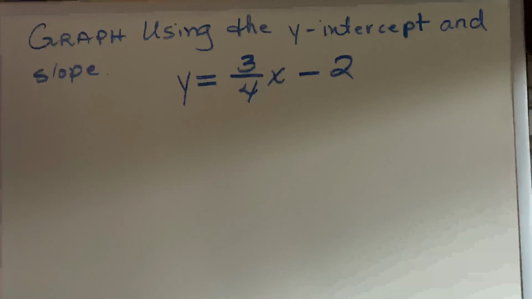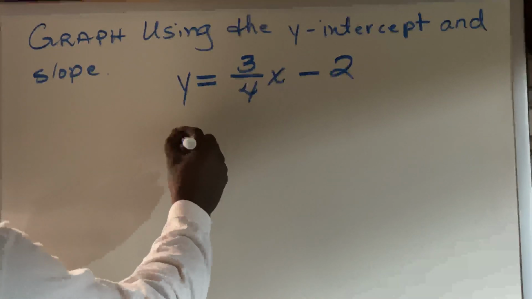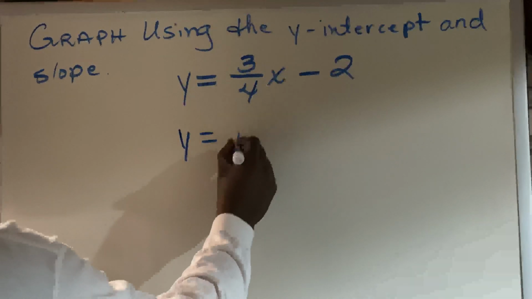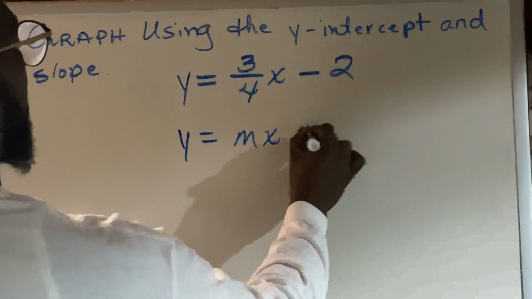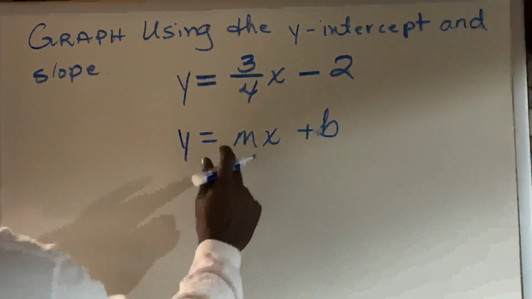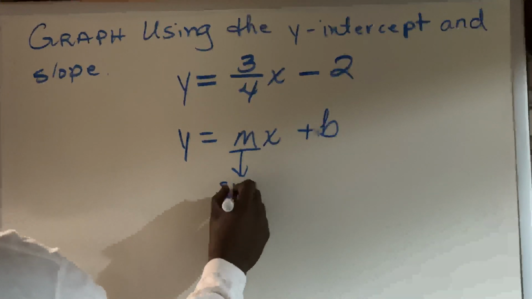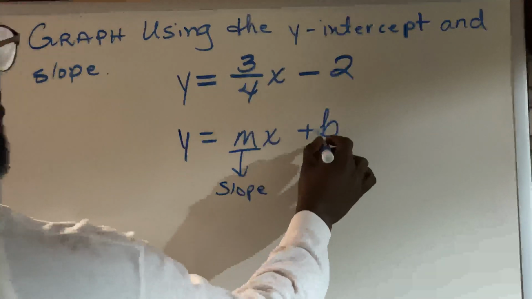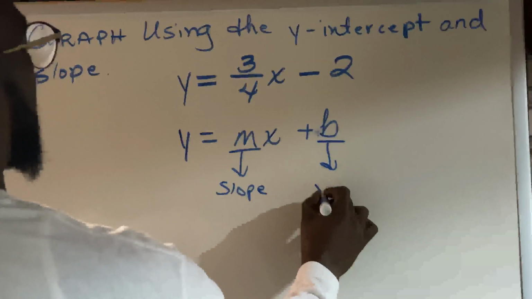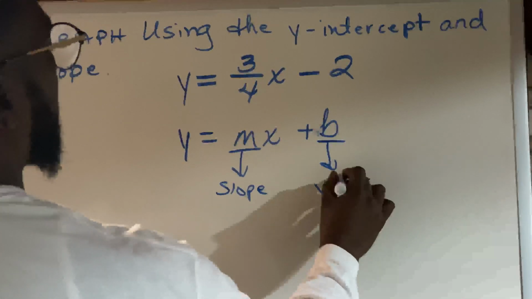So the next example says graph using the y-intercept and slope. What we have here is an equation in slope-intercept form: y equals 3/4 x minus 2. When we look at slope-intercept form, we know that m is known as the slope and b is known as the y-intercept.